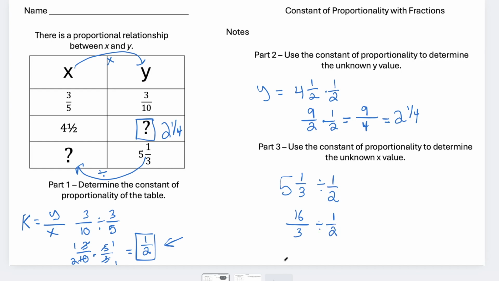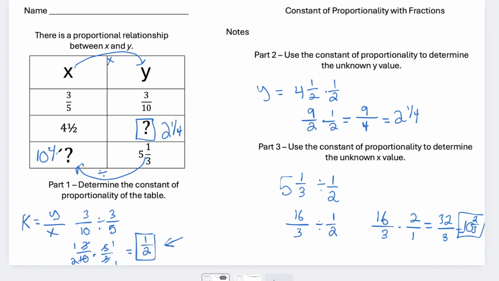Keep, change, reciprocal: 16/3 times 2/1. That gives 32/3. 3 goes into 32 ten times with 2 left over, so the value of x is 10 and 2/3.